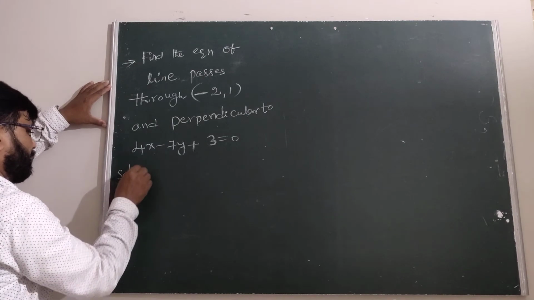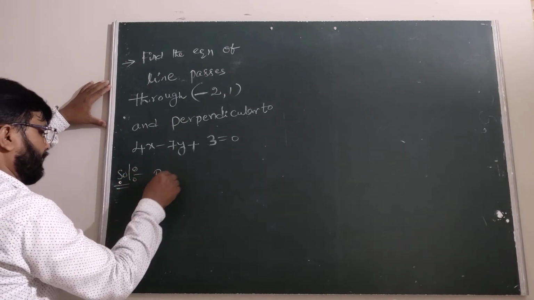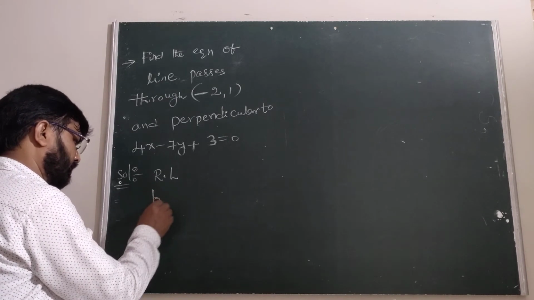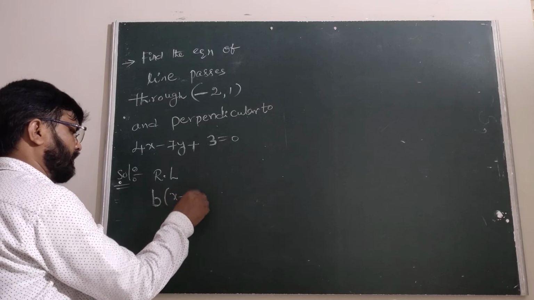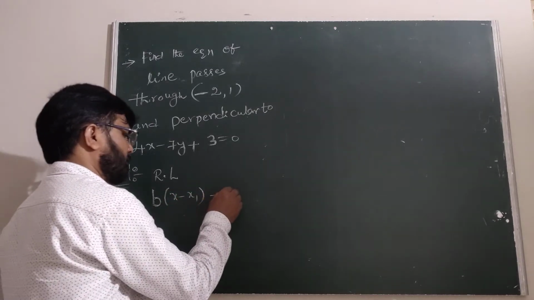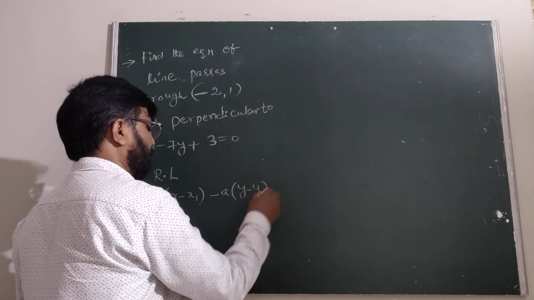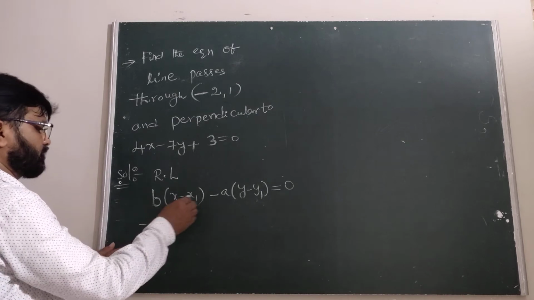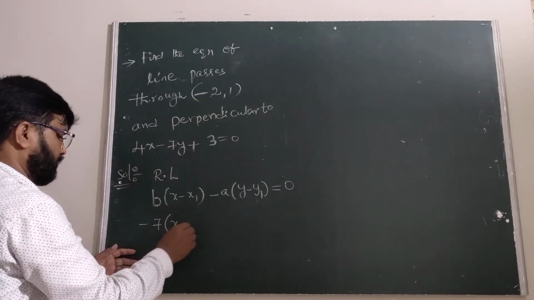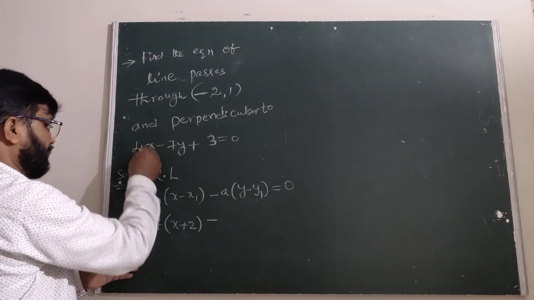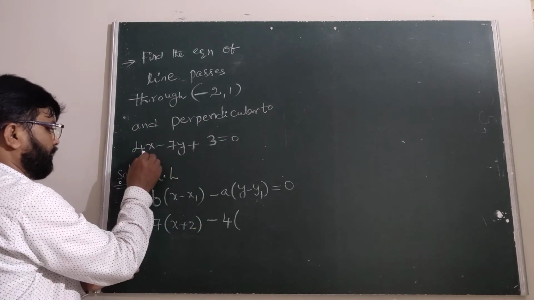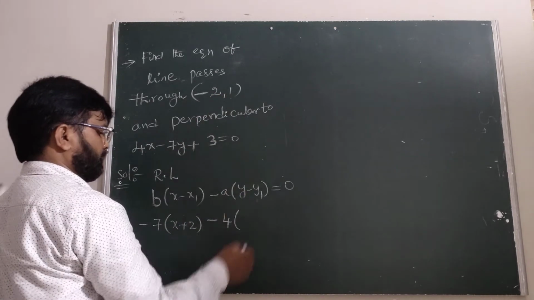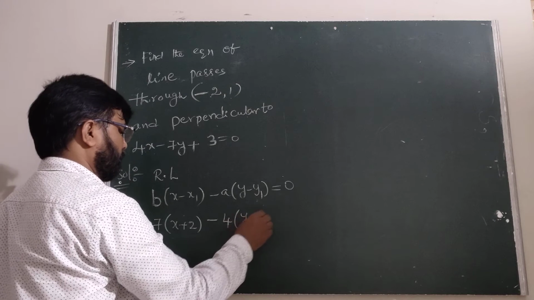Now here, for the required line, just now we found b(x - x1) - a(y - y1) = 0. Here b is -7, x - x1 is x + 2, and a is 4, compared with ax + by + c. Passing through the point (x1, y1), y - y1 is y - 1.